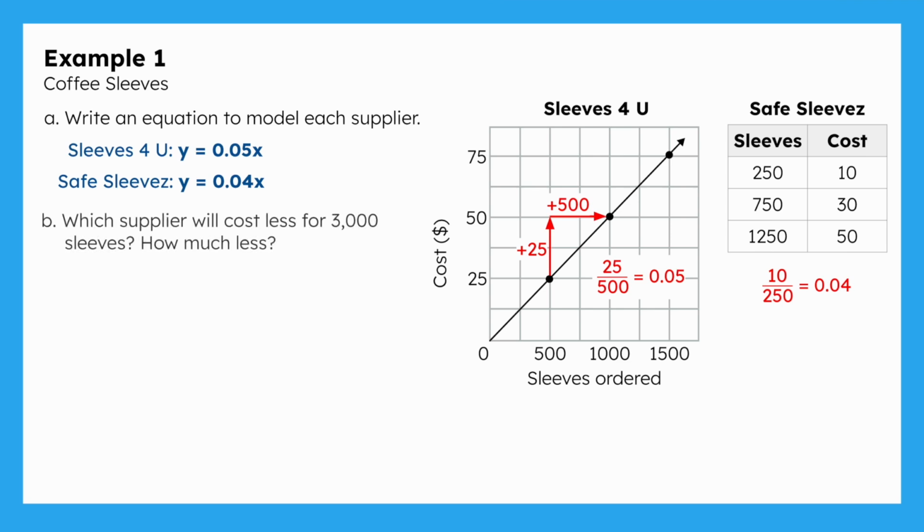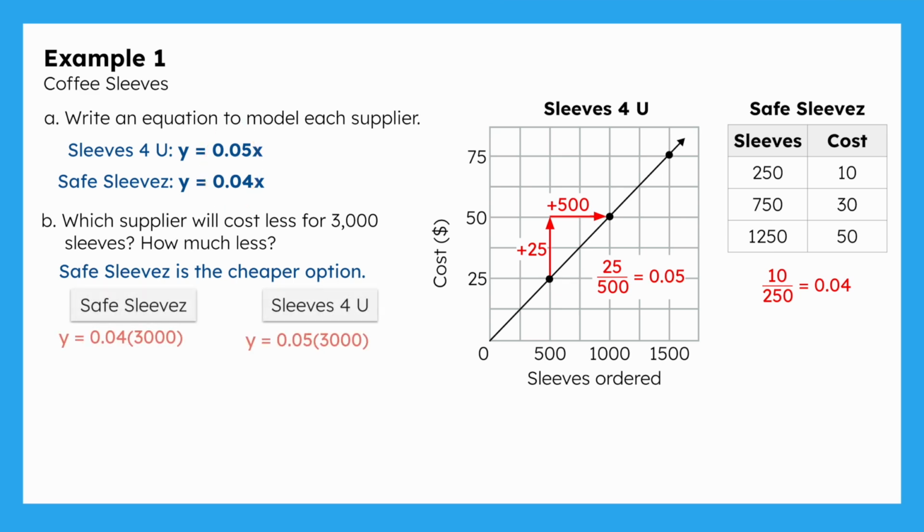For part B, we have to determine which supplier will cost less for an order of 3,000 sleeves and state how much less. We can quickly compare the slopes to see that Safe Sleeves is the cheaper option since its slope of 0.04 is less than the slope of Sleeves for You. But since we need to state exactly how much less it is, we need to evaluate.